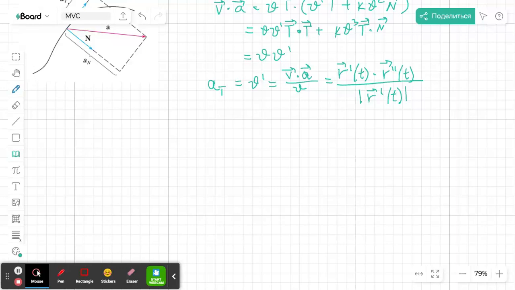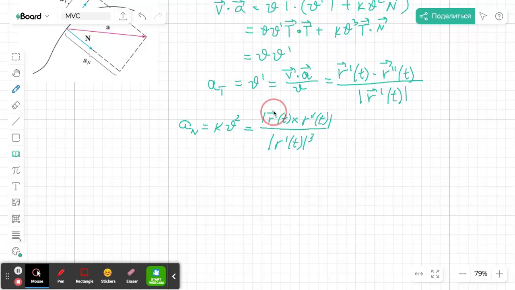So using that, we can now say that the second component, a sub n, which is kappa epsilon squared, is going to be given to us by the magnitude of r prime of t cross r double prime of t, all over the magnitude of r prime of t cubed.